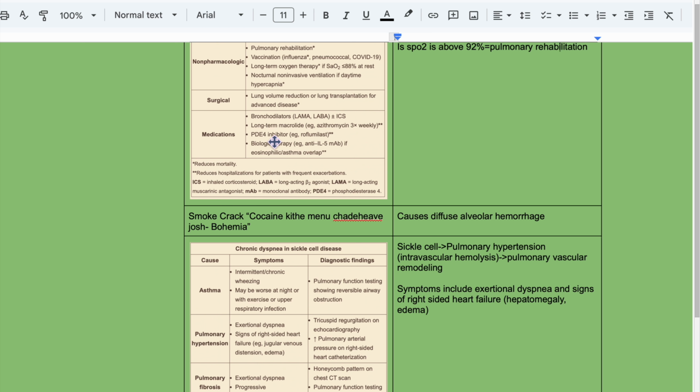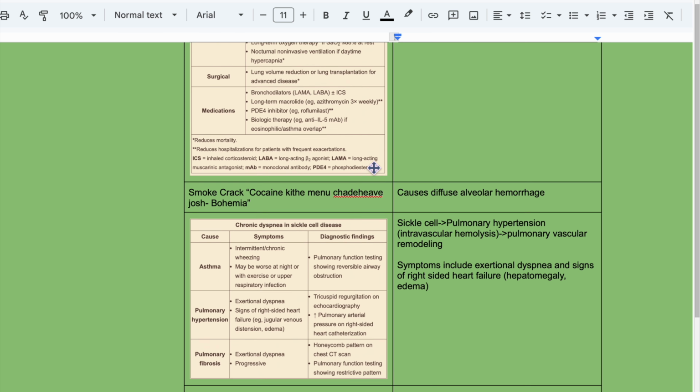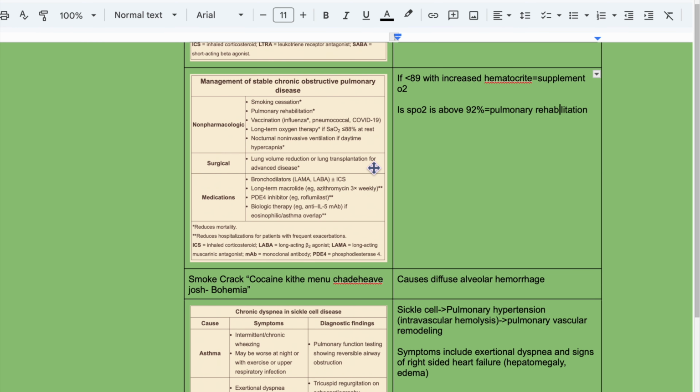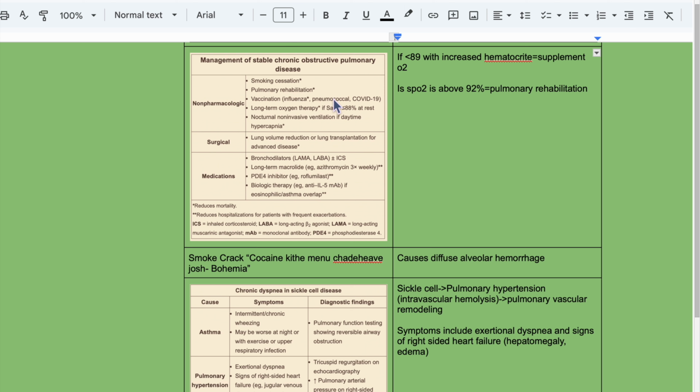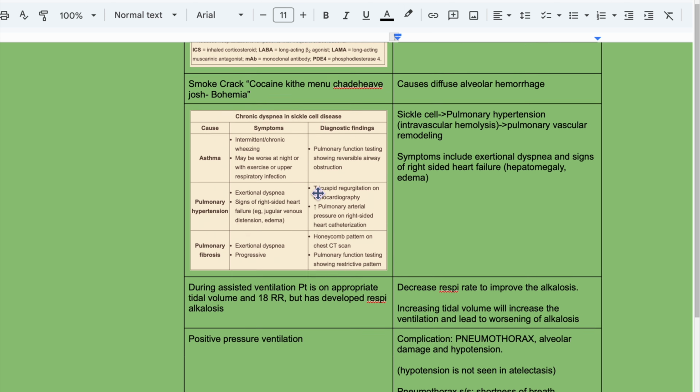Okay, both of these. Biologic therapy, for example anti-interleukin 5 monoclonal antibody, if eosinophilic or asthma overlap. So here, smoking cessation reduces mortality. Okay. All of these reduce mortality.